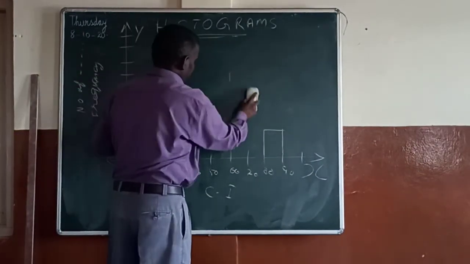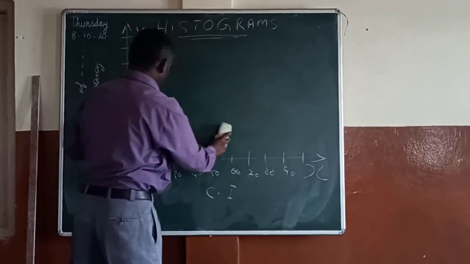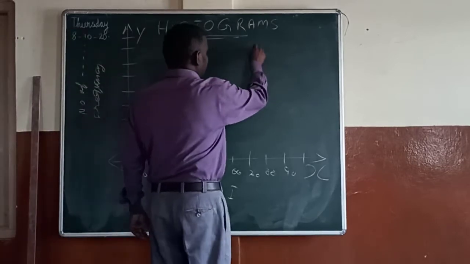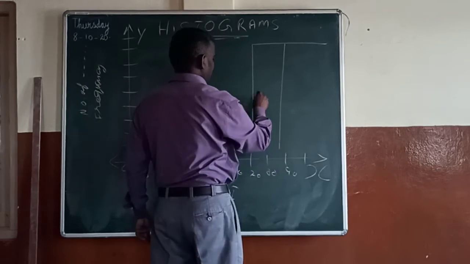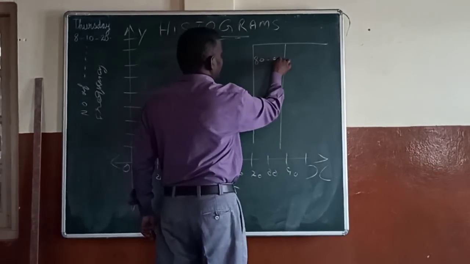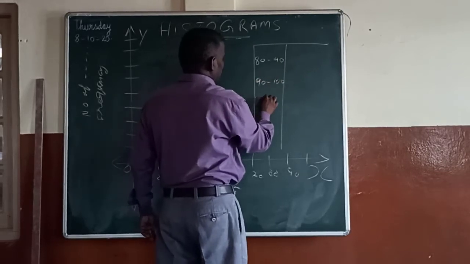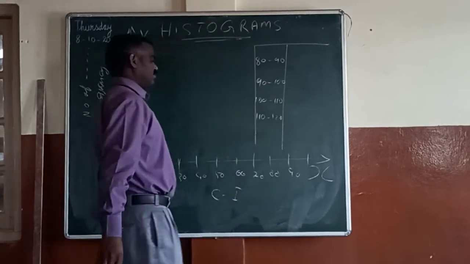Suppose a question is there: 80 to 90, 90 to 100, 100 to 110, 110 to 120.